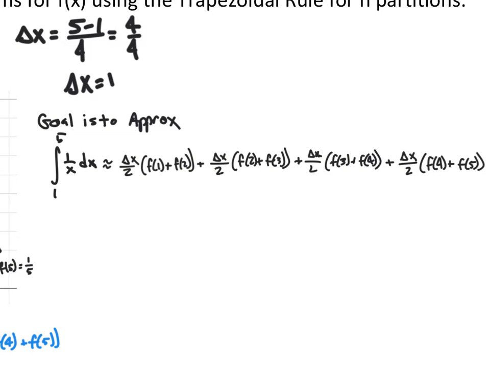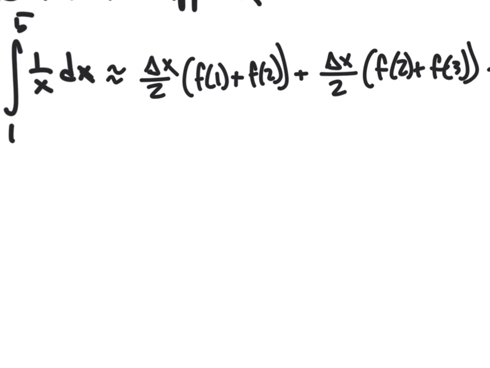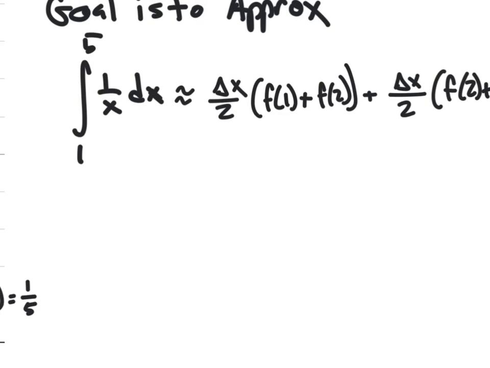What I want to do is see what we can do here, because if I were to just plug in my numbers now, that's so much computation. I see a few patterns here, so let's identify what those patterns are to make this as easy as possible. Here I'm going to write the integral from 1 to 5 of 1 over x dx, and that's going to be approximately, now let's see what I can do.